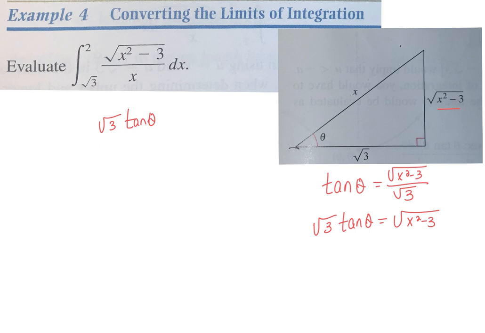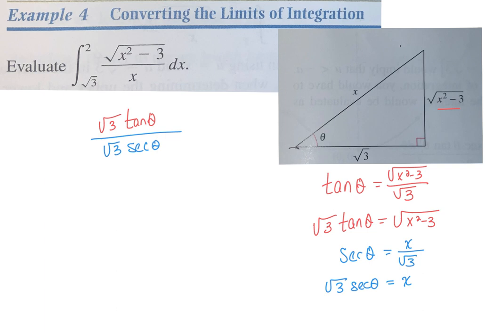I do need to get the x by itself, and so I'm likely going to use hypotenuse over adjacent, which is going to be my secant. So my secant then will get my x by itself. Again, multiply that over. That will give me my x. And so I can put that in the denominator, the square root of 3, secant of theta.